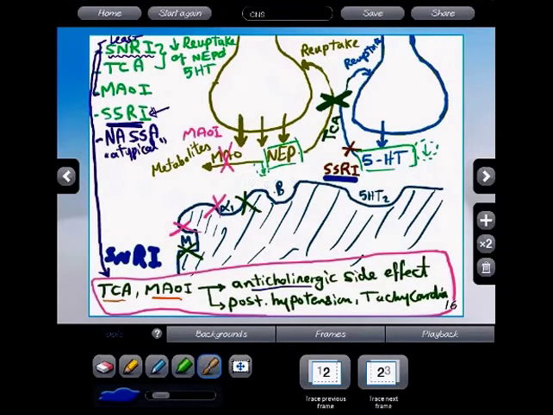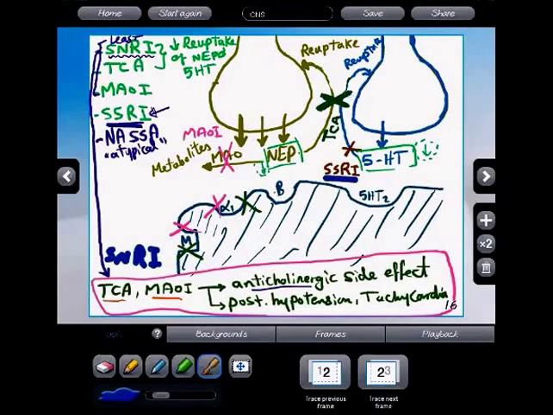It comes from a decrease in norepinephrine and a decrease in serotonin. So we need to give something that increases the norepinephrine or acts as an agonist for the norepinephrine, and another that increases the serotonin or acts as a serotonergic receptor agonist. So what are the drugs that can do this?